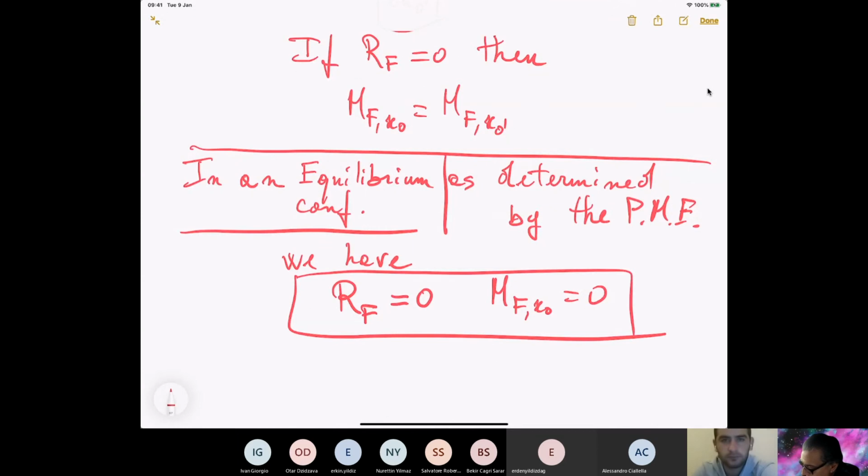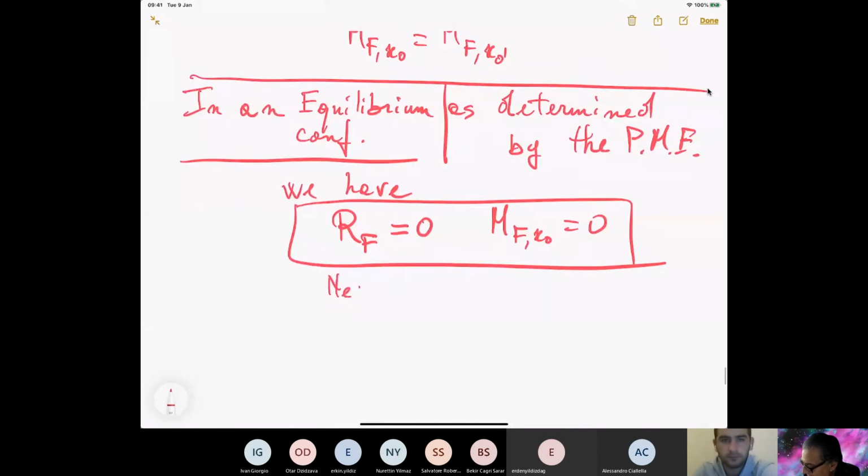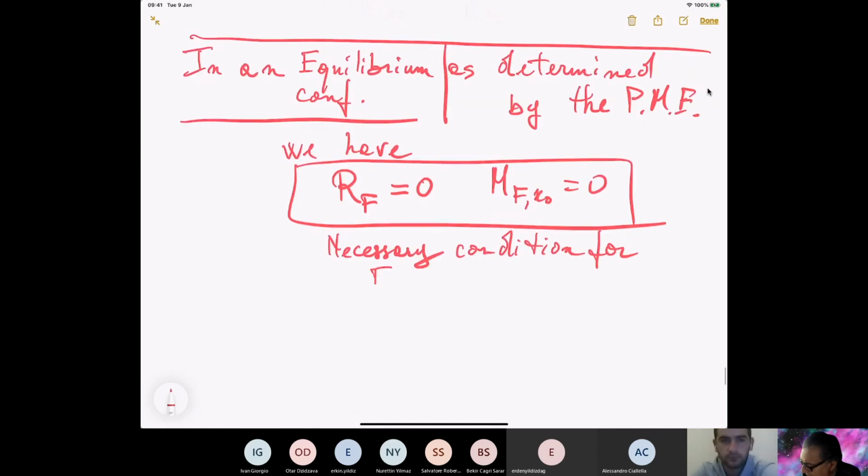And this is a necessary condition for equilibrium.